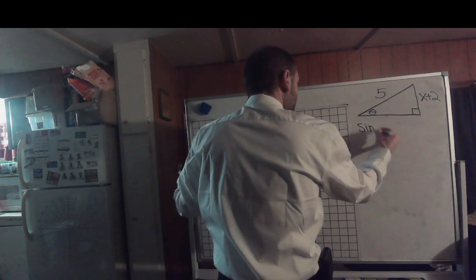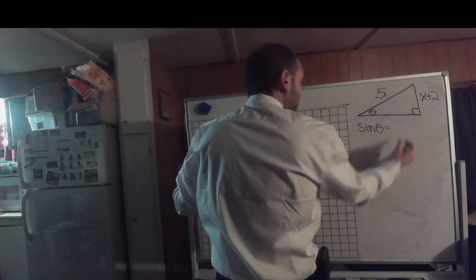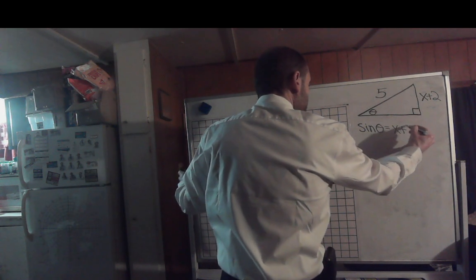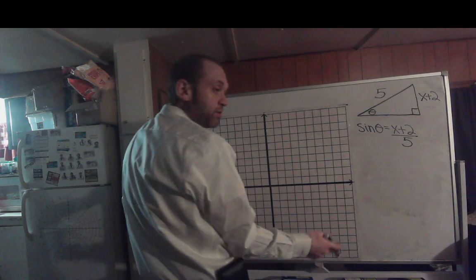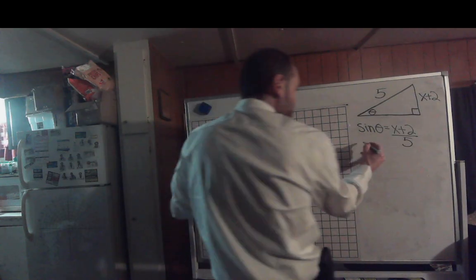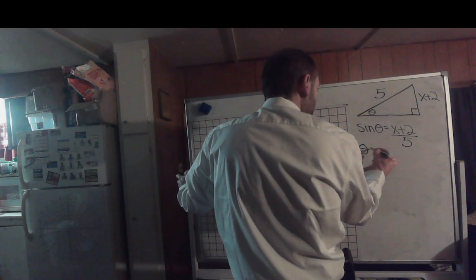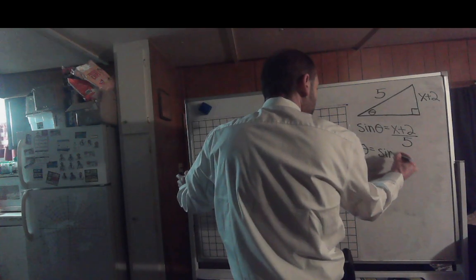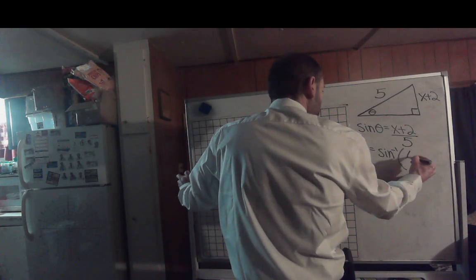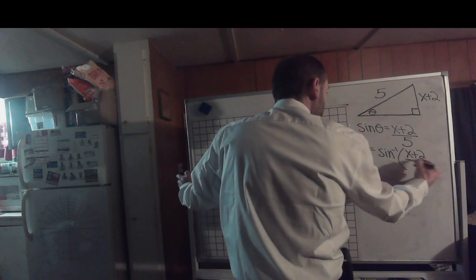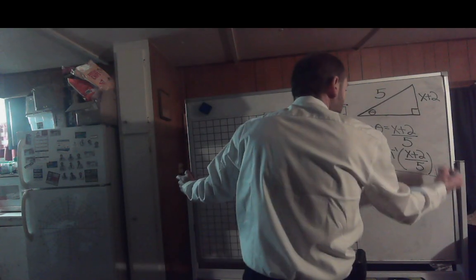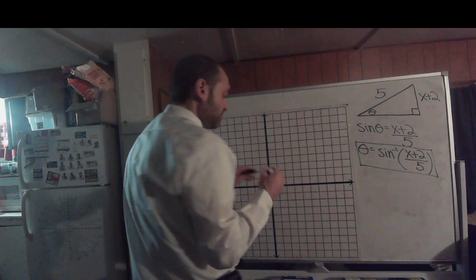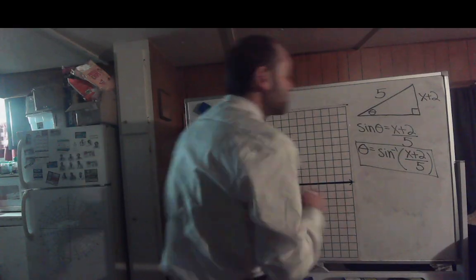So the sine of theta equals x plus 2 over 5. Then to find theta, we just take the inverse sine of both sides. So theta itself equals the inverse sine of x plus 2 all over 5.